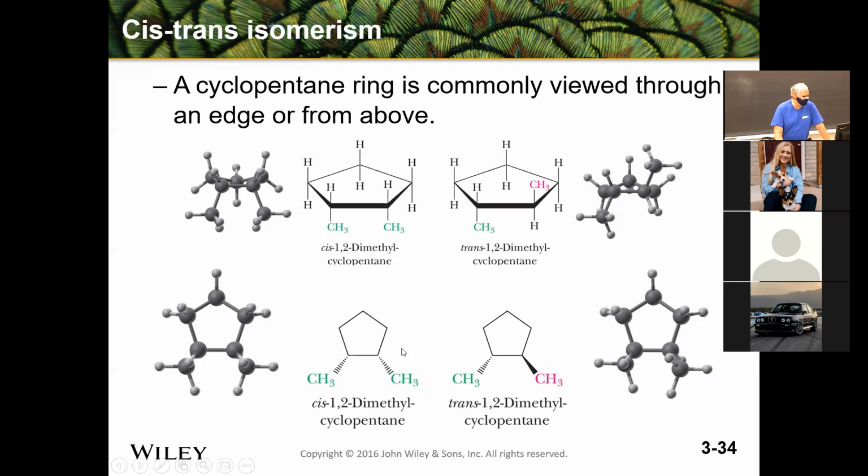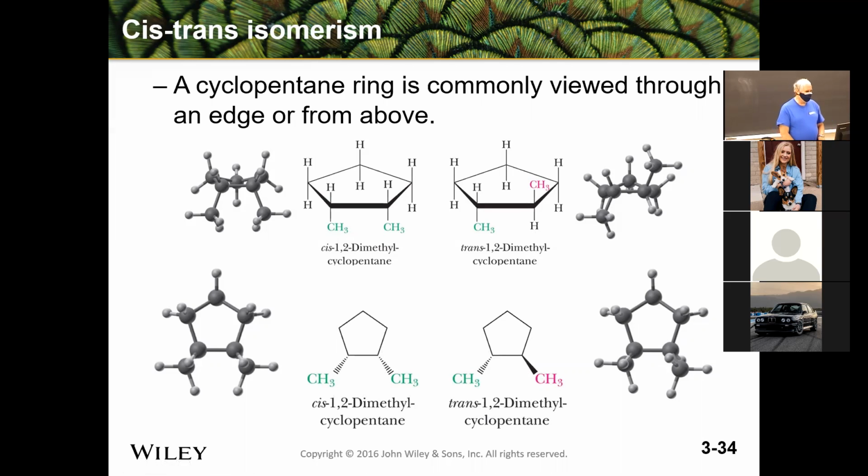There's also a hydrogen that's forward that's implied, not shown on each one of these. Here's the trans. Again, there's a hydrogen going forward that would be a solid wedge on this carbon, and then there's a hydrogen going back, which you would represent as a dashed line.